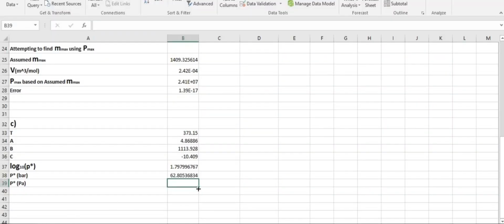So if you want to convert this to Pascal, which is the same as Newton per meter squared, you will simply have this value multiplied by 10 raised to the power of 5. And then paste.